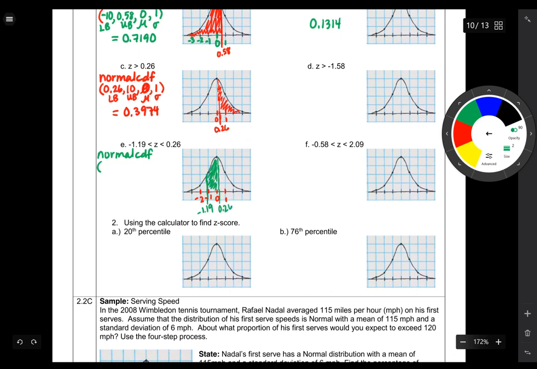So your lower bound, your leftmost line is -1.19. Upper bound is 0.26. Mean is 0. Standard deviation is 1. And that'll give you a value of 0.4855. And let me go ahead and write down the answers to these so you can figure out what it is later.